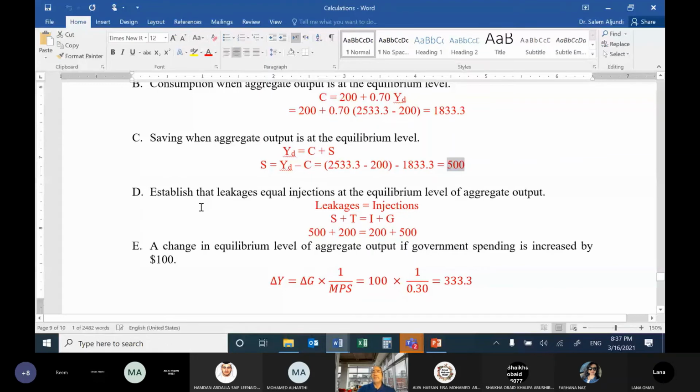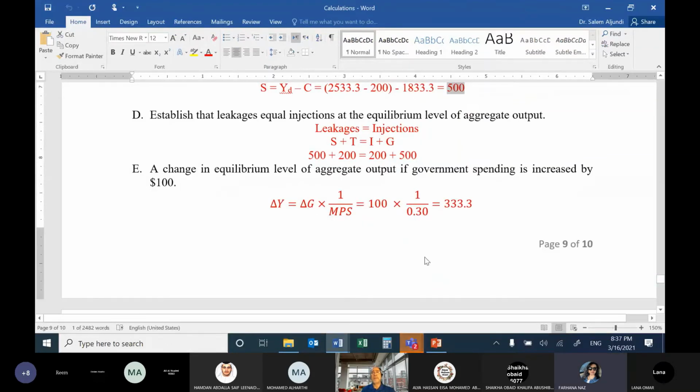Farhane. D. Establish that leakages equal injections at the equilibrium level of aggregate output. Okay, so at equilibrium, leakages must equal injections. What are leakages? Any part of income that doesn't go directly to purchase goods produced domestically: saving and taxes, part of Y but not going directly to purchase goods produced domestically, equals injections.